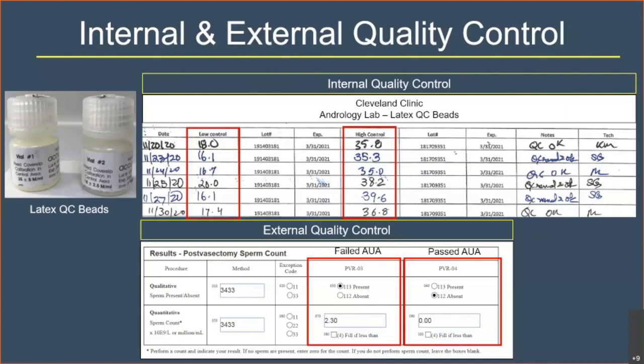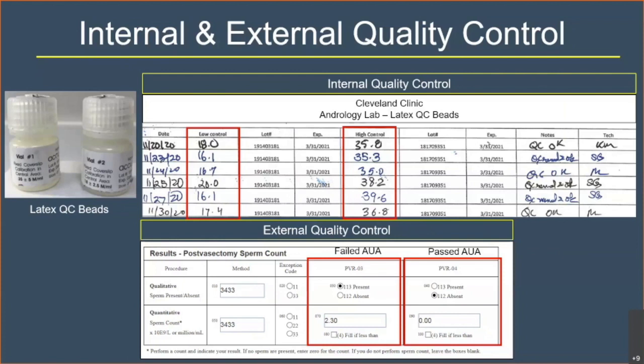And the first text box with the red outline shows the presence of sperm. At the bottom is the concentration, which is 2.30 million per ml, and this failed the AUA guidelines. So this is what I wanted to highlight. The second sample, which is PVR04, in the second red text box shows absence of sperm.